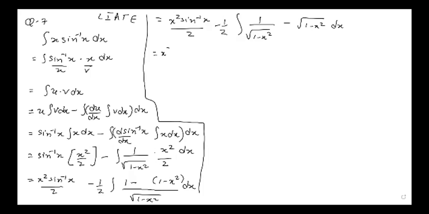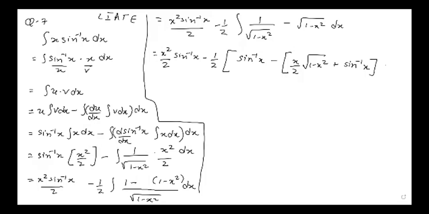So this will be x square by 2 sine inverse x minus 1 by 2. If I give individual integration, this will be sine inverse x, whereas this is x by 2 root 1 minus x square plus sine inverse x, plus c.